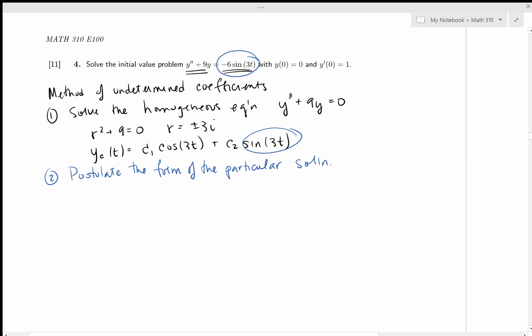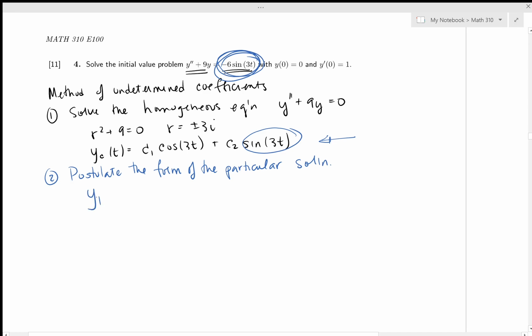Okay, and this is our to t or not to t thing. I cannot just postulate sine 3t plus cos 3t, which would be my gut instinct, because that came out to be a solution of the homogeneous equation. So I have to multiply by t.